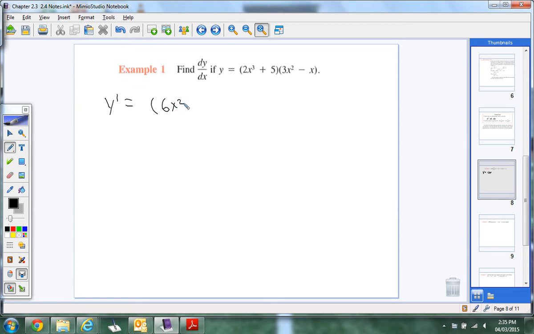Plus, you keep the regular. Now you do the opposite. Keep the first one. Take the derivative of the second. What's the derivative of the second? 6x minus, what's the derivative of x? 1.